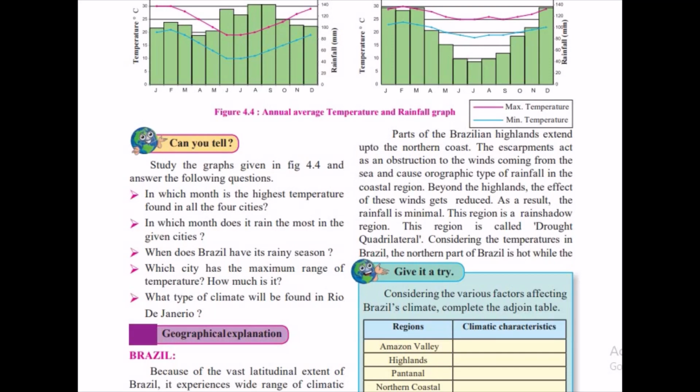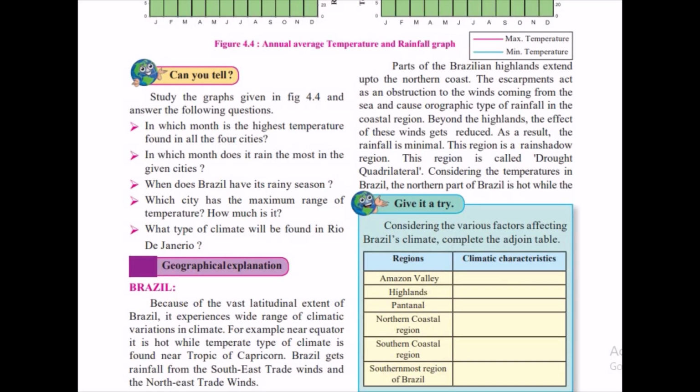In part of the Brazilian highland up to the northern coast, the escarpment acts as an obstruction to the wind coming from the sea and causes orographic rain. When this wind comes, it hits the mountain and the rainfall occurs.